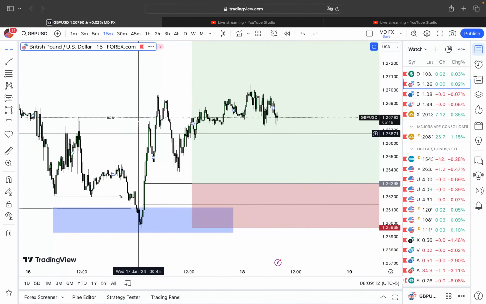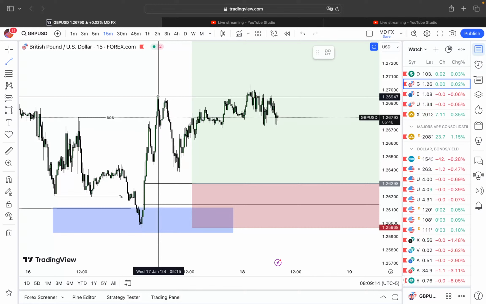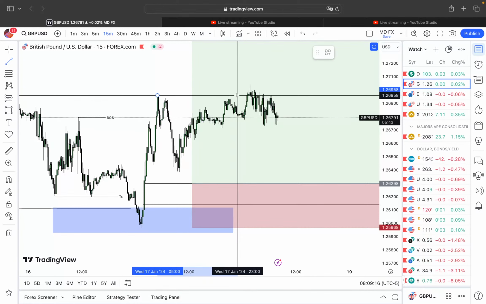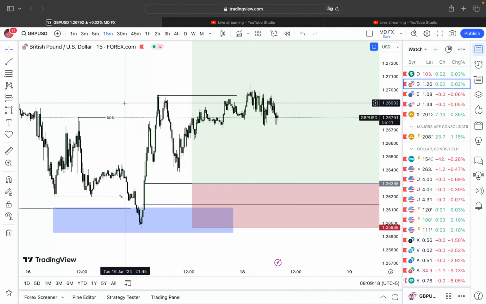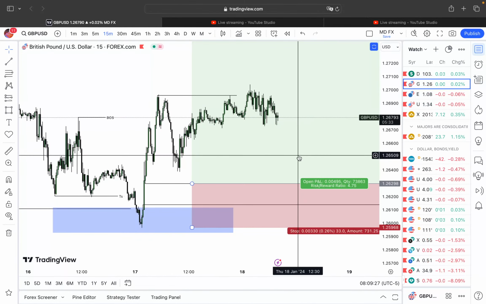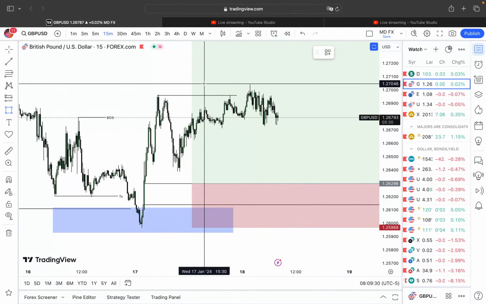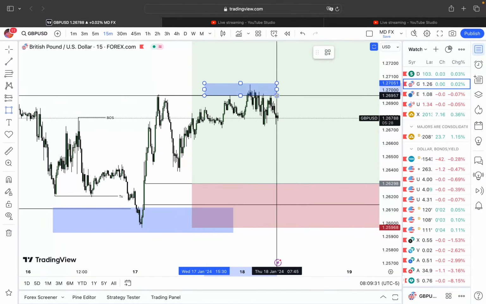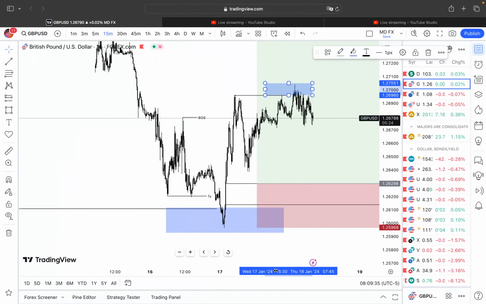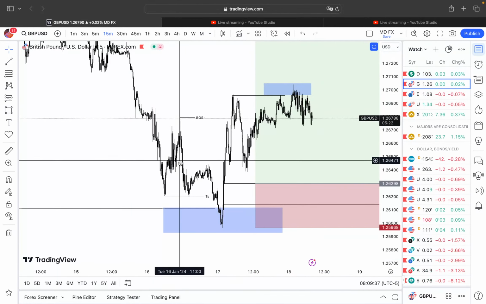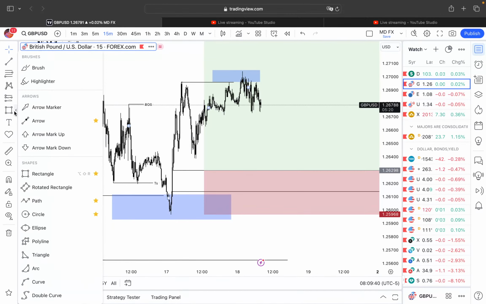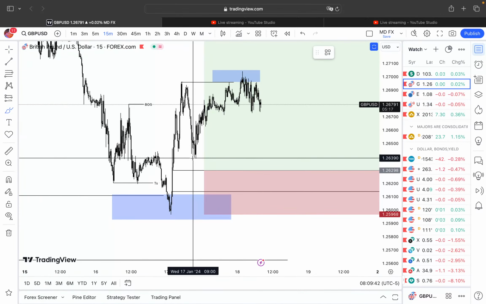It took out this high, then we had the turtle soup above that. That's a read, then now a sell structure. So probably we have a sell structure and we tag down here.